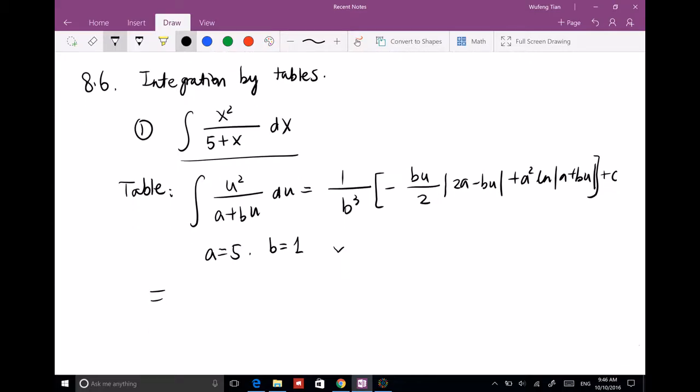Okay. Since you said A is 5, B is 1, that is right. Perfect. Could you please help me plug into this formula as well? I'm still trying to copy it down. Okay. No problem. Once you're done, please continue.